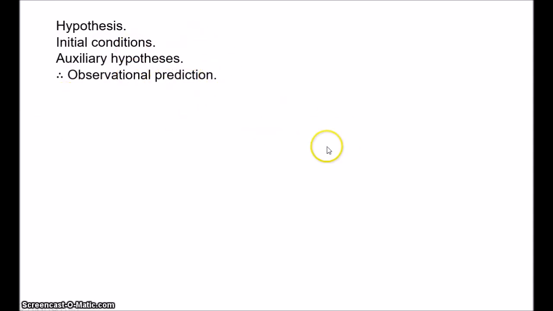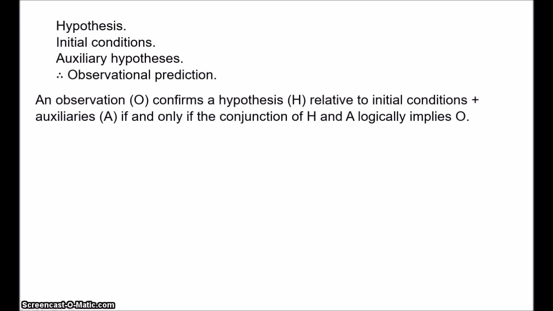Anyway, this now allows us to define the nature of confirmation according to the Hypothetico-Deductive model. The Hypothetico-Deductive model says that an observation, O, confirms a hypothesis, H, relative to auxiliary hypotheses plus initial conditions, A, if and only if the conjunction of H and A logically implies O. So I think that's reasonably straightforward, right?